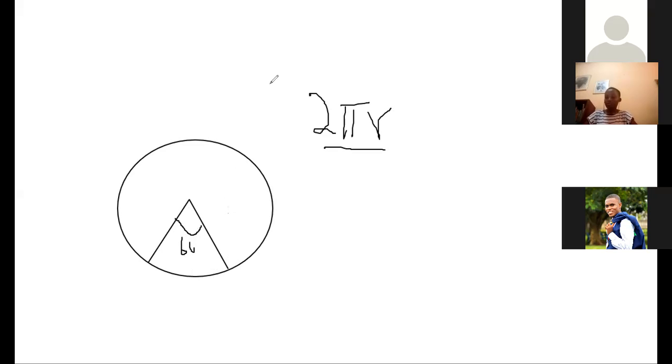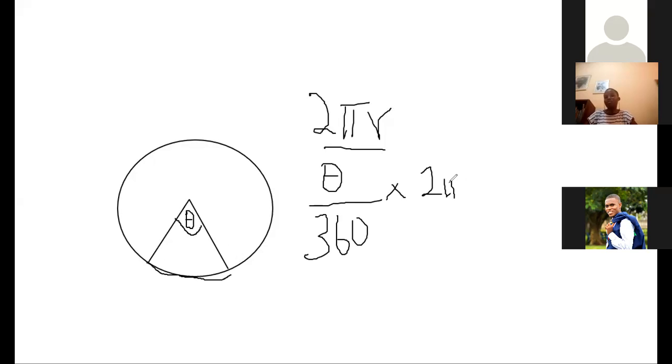Maybe the angle is, no, let's not use 60. Let's use theta. So any angle inside this side is denoted by what? Theta. It's denoted by theta. Therefore, to find the circumference of this particular arc, which the angle will be given, will be theta over 360 times 2 pi r.